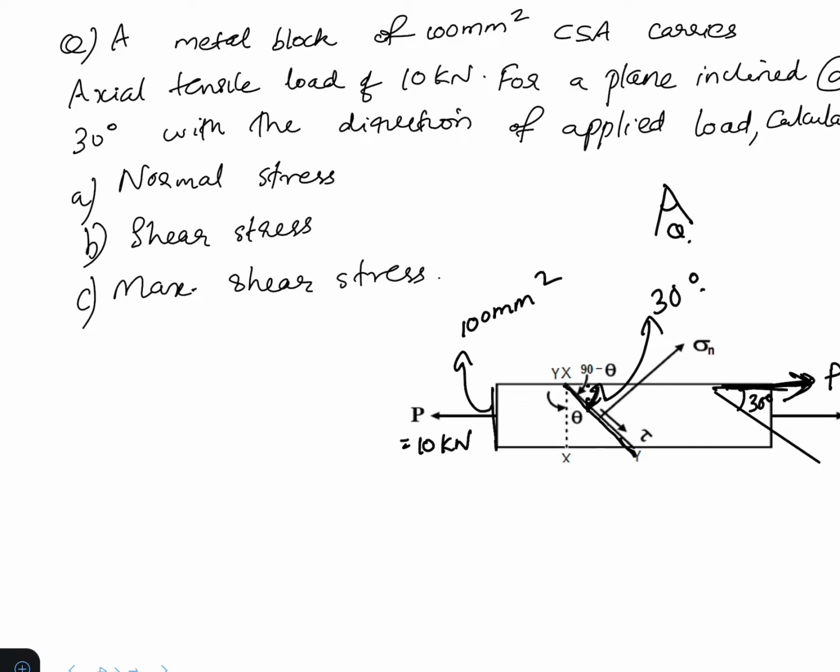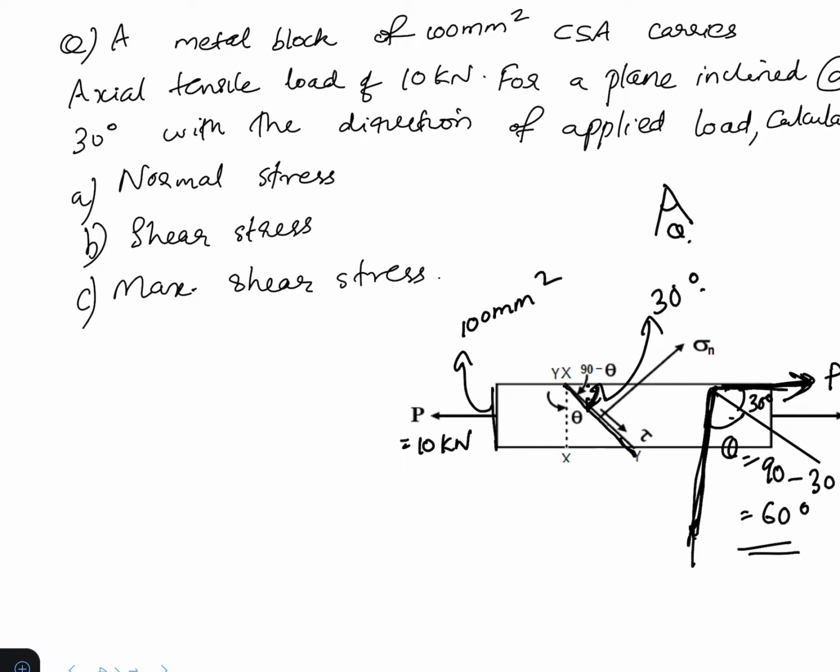But the theta in our equation is the angle between two planes: the perpendicular plane XX, which is perpendicular to the load P, and the oblique plane. That is our theta. So from the figure we can understand that this is 90 minus 30 degrees, so that is our 60 degrees.